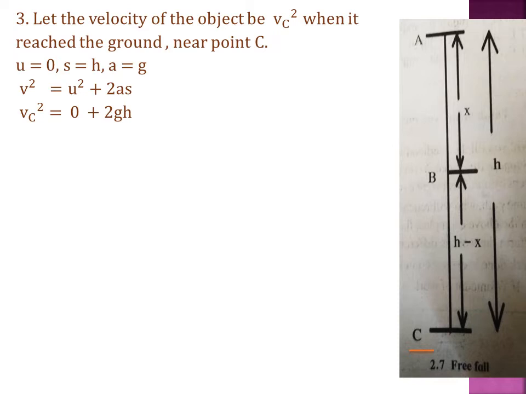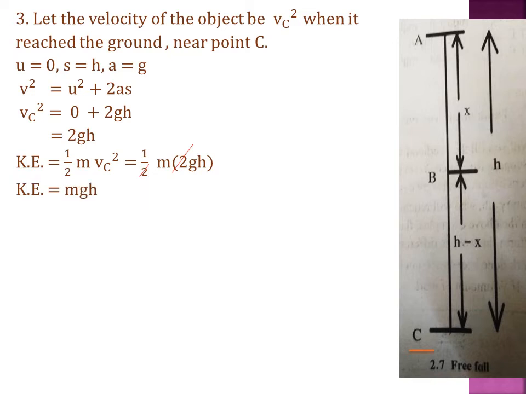Now kinetic energy is equal to half m Vc square. Now Vc square is 2gh. Now the 2 will get cancelled. So kinetic energy will be equal to mgh. Now potential energy: the height of the object from the ground at point C is equal to 0.